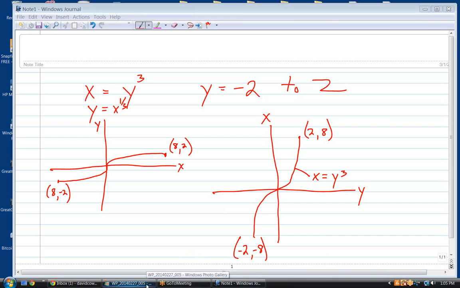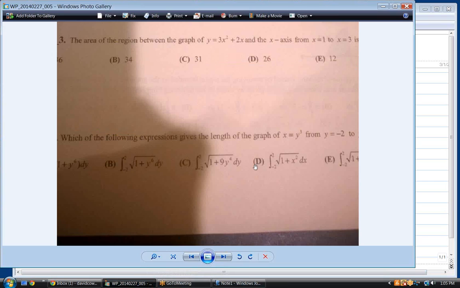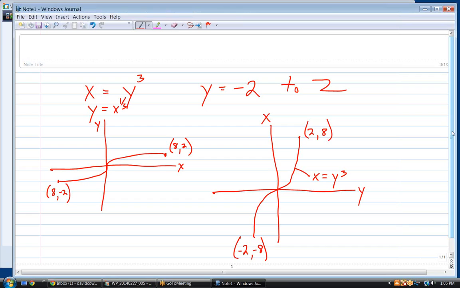Before we go on today, let's just revisit this problem from last time, where we're trying to find the arc length of this function from y equals -2 to 2. I had some problems with it the first time because I didn't quite get how they had done it.